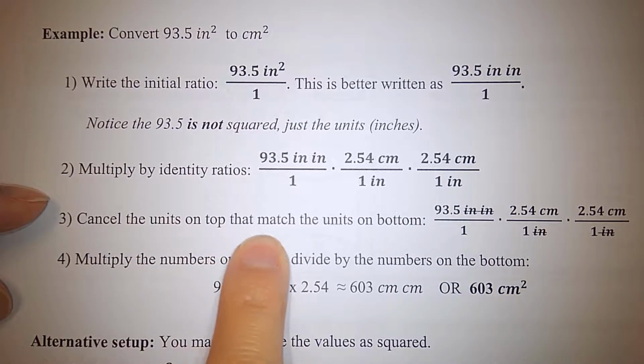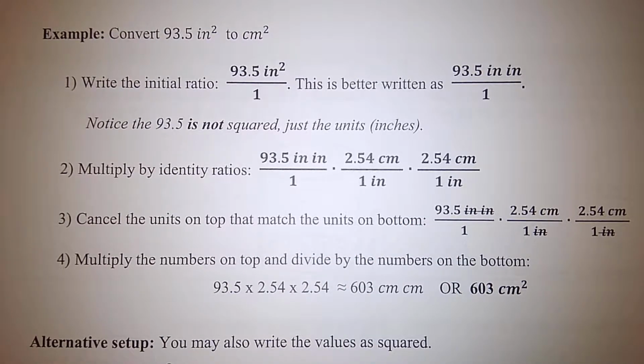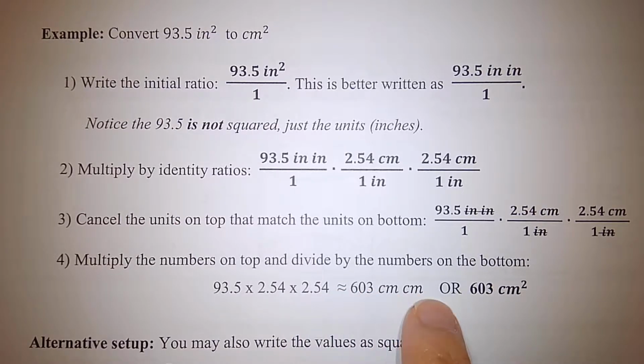Cancel the units on top that match the units on the bottom. Multiply the numbers on top and divide by the numbers on the bottom. 93.5 times 2.54 times 2.54 equals 603 centimeters squared, or 600 centimeters squared.